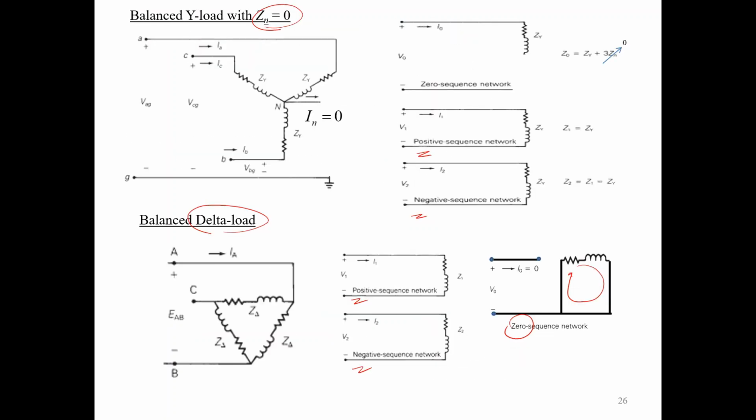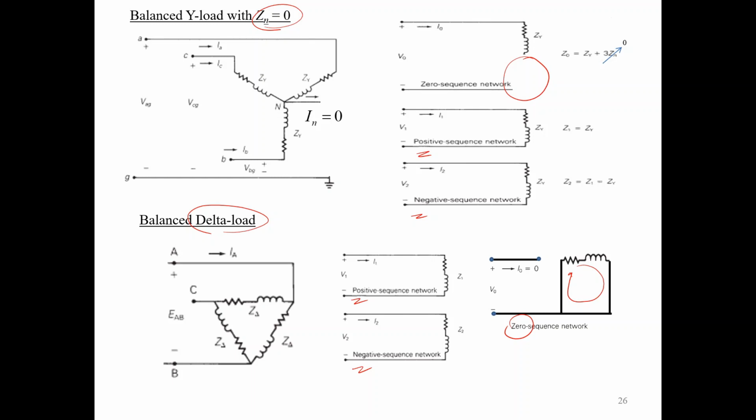When you don't have the neutral impedance, you just remove the 3 times Zn, or zero sequence impedance Z0.